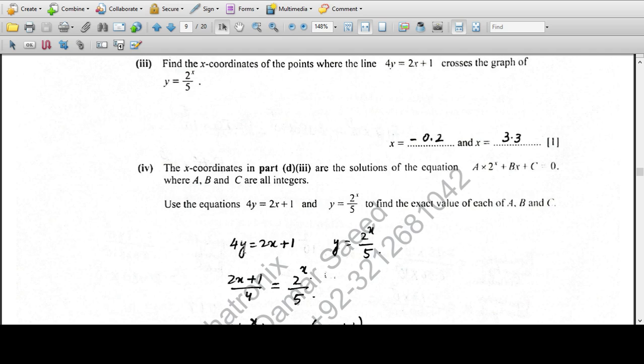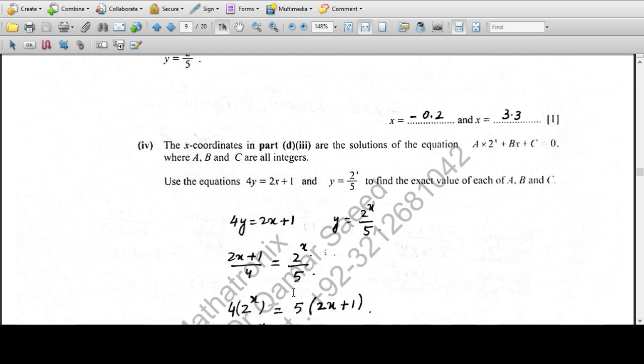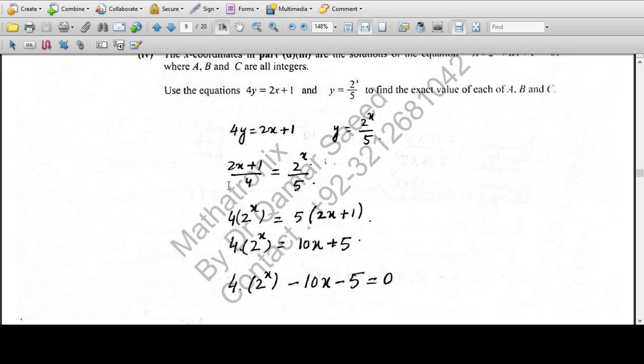So the value of y is here, and we can equate both. Multiplying by 4 on one side and 5 on the other, we have 4 times 2 power x is equal to 10x plus 5.